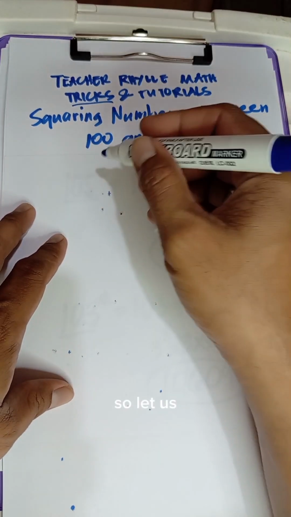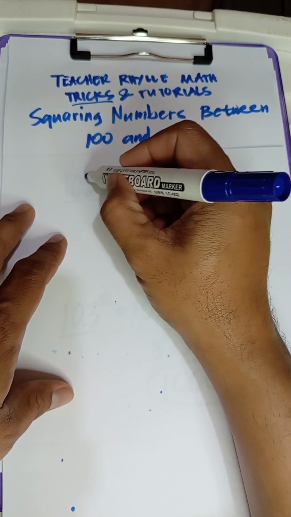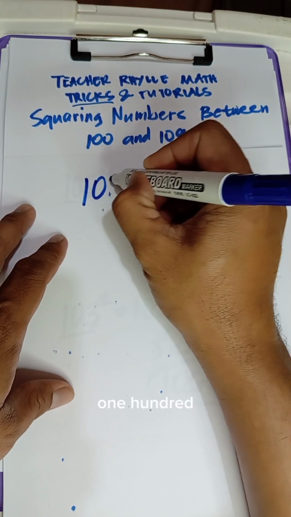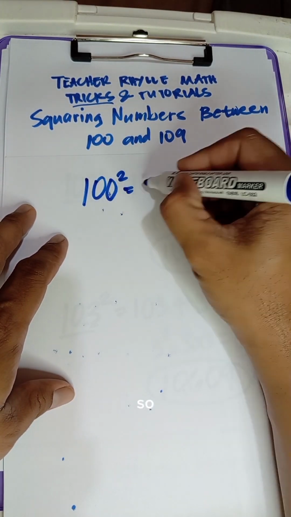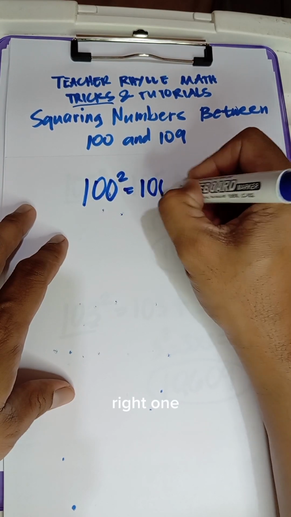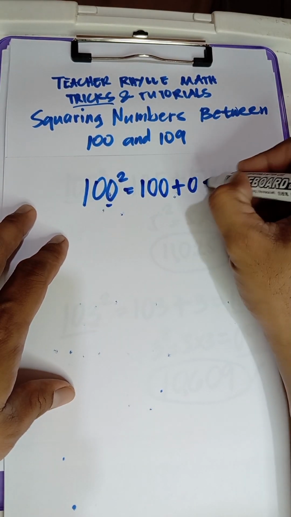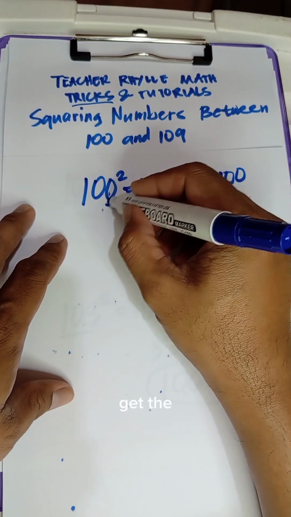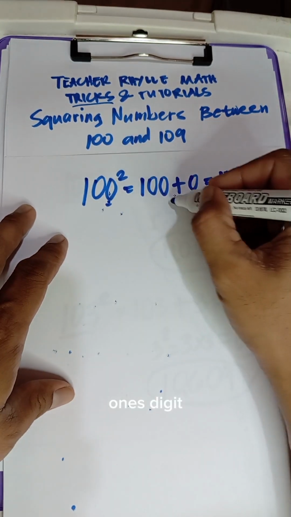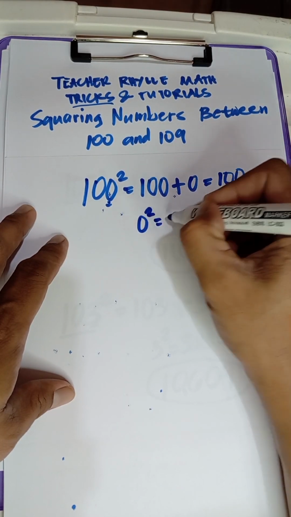Okay, so let us have another example. Let's try the square of 100. So write 100 plus the ones digit, which is 0, and that is 100. Get the ones digit, which is 0, square it.